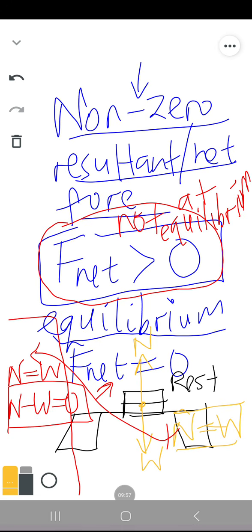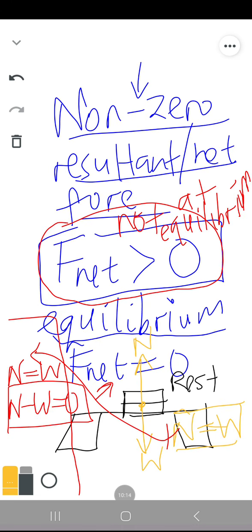This is where we apply Newton's first law. I hope you did understand this. If you cannot understand, try to rewind the video, take your time, and listen to what I'm trying to explain so that you can understand the concept.